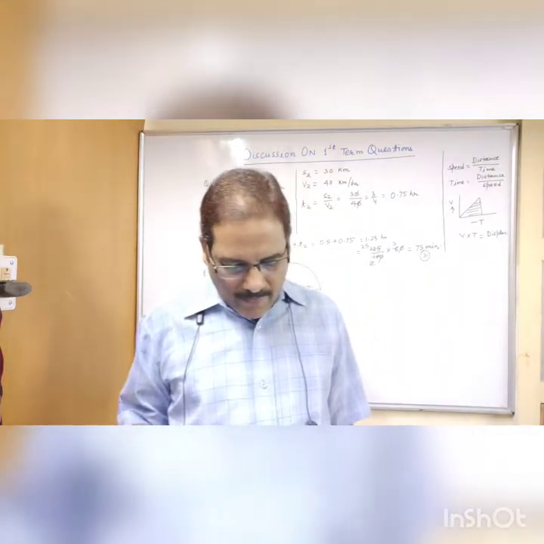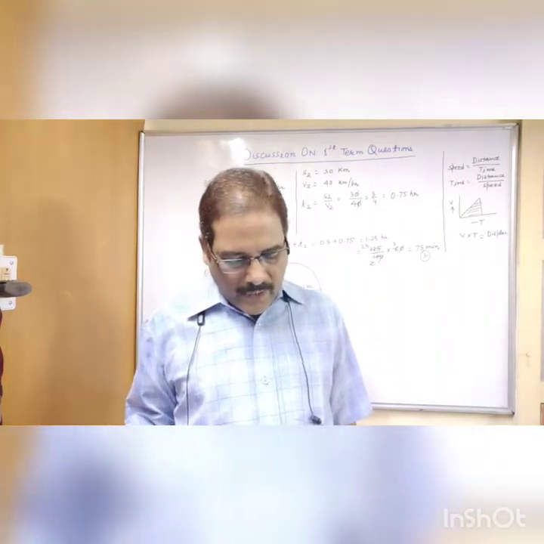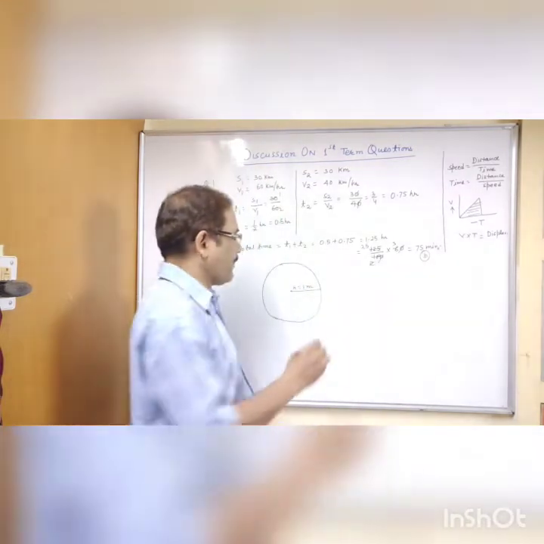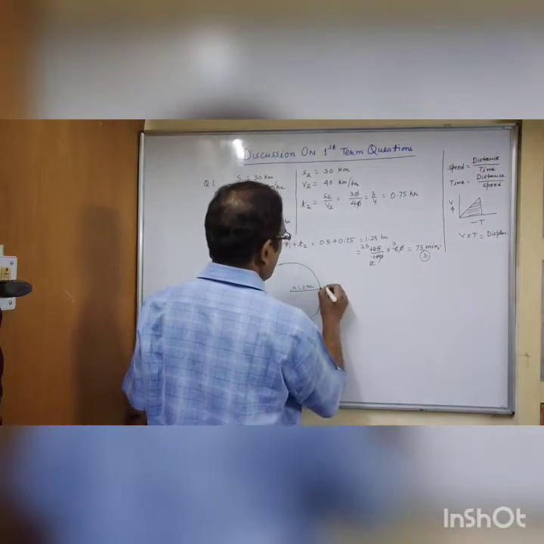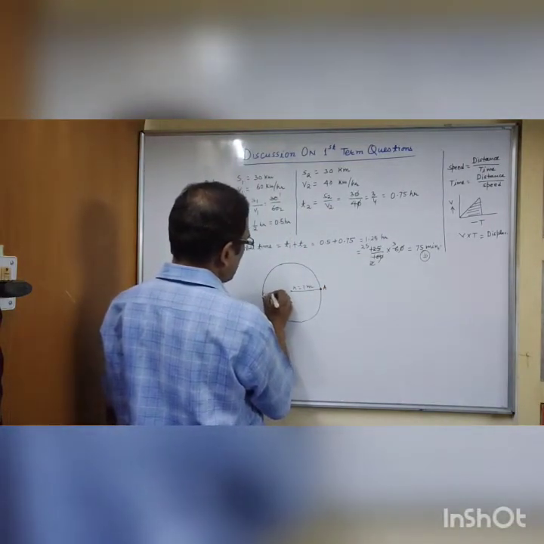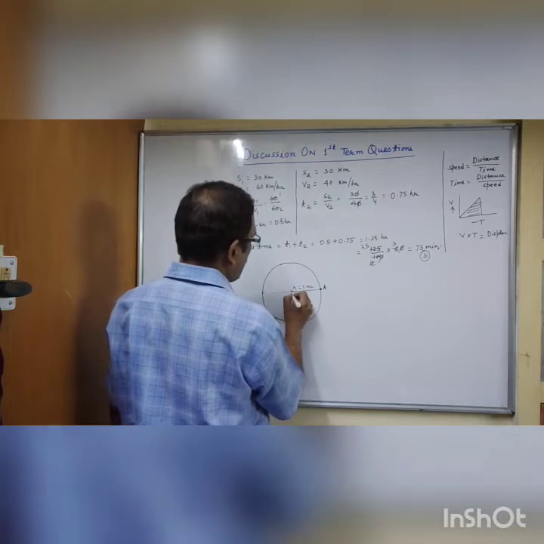With a uniform speed, find the ratio of distance covered to the displacement in half rotation. Suppose it starts moving from point A and reaches point B, just opposite, through the center O.